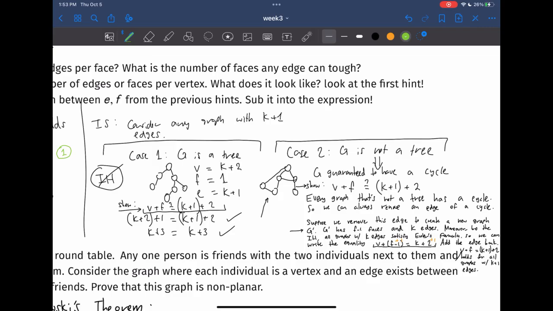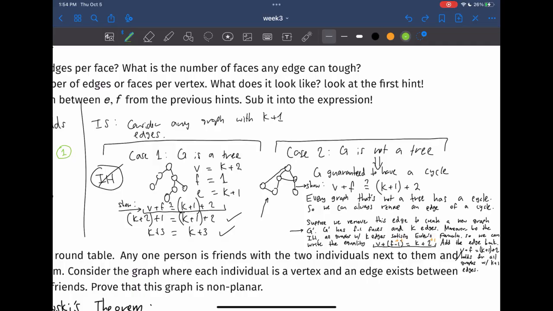And it turns out there are two cases for every type of graph with k plus 1 edges. Either the graph is a tree or it's not a tree, and there's no in between. A graph is either a tree or not a tree. So for case 1, let's suppose G is a tree with k plus 1 edges.